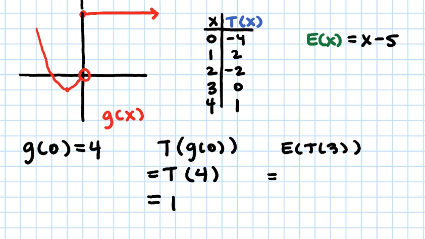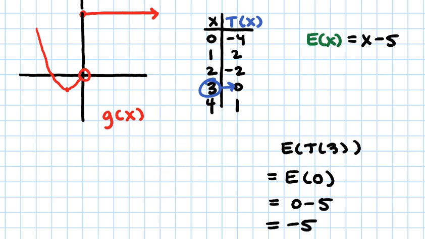Well, we're going to have to evaluate t of 3 first. We go here, we find x equals 3 on t, we find the y value. So that's going to be e of 0. And then we plug in 0, and that's going to be 0 minus 5, which is negative 5.